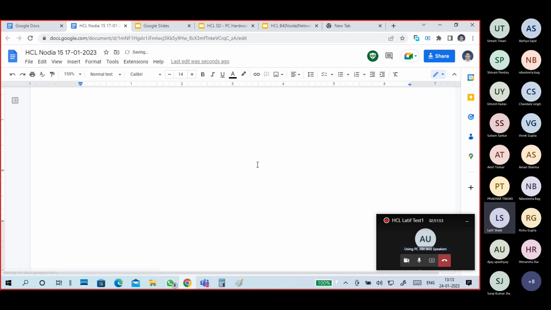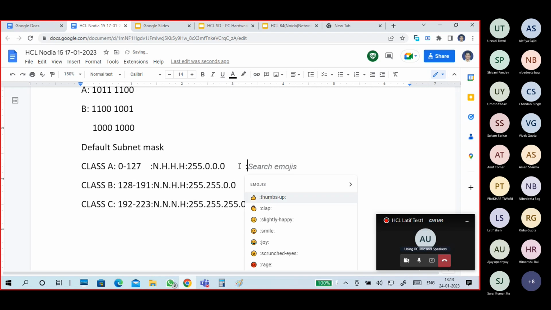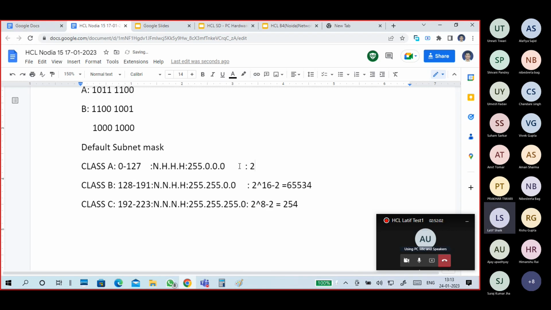65,534 devices we can connect in one single class B network. 2 to the power of 24 means 3 host bytes, 3 host portions means 3 8s.